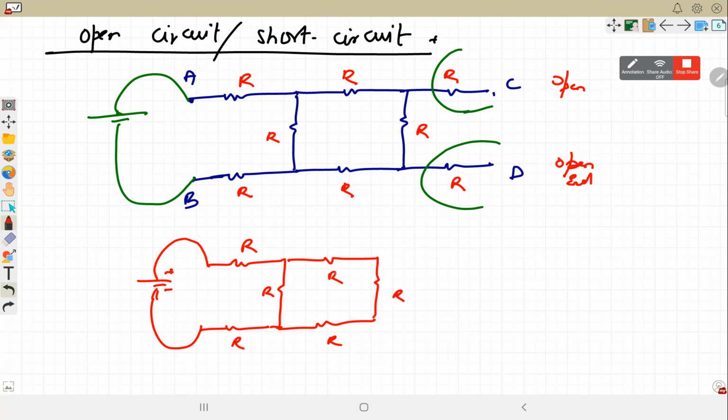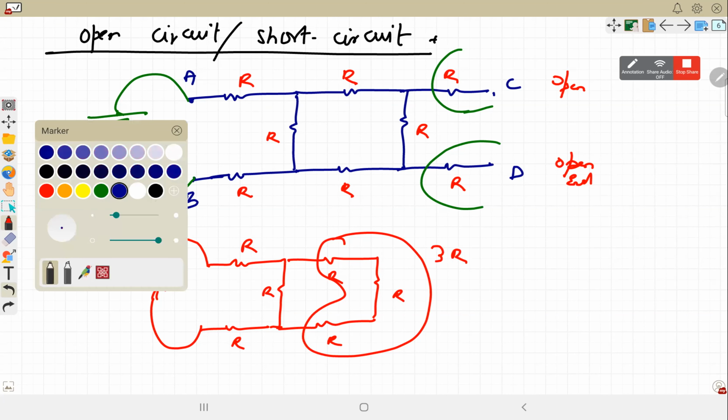What will be the overall resistance then? R plus R plus R. This is 3R. 3R and R in parallel become 3R by 4.